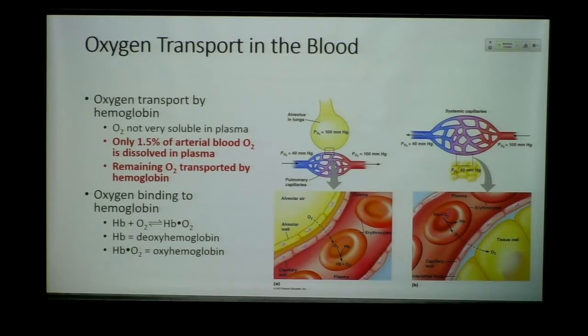So it's really important that hemoglobin bind oxygen reversibly, and we're going to move on today to speak about what influences the different states of hemoglobin. So what tells hemoglobin to want to bind oxygen, and then what tells hemoglobin to want to let it go when we get to the level of the tissues.